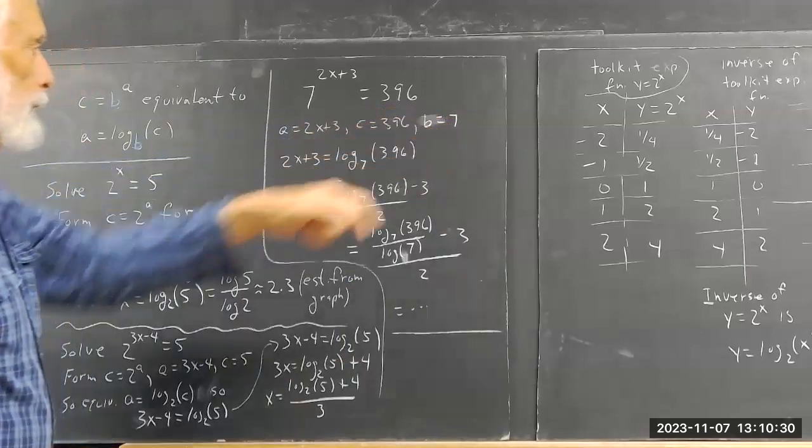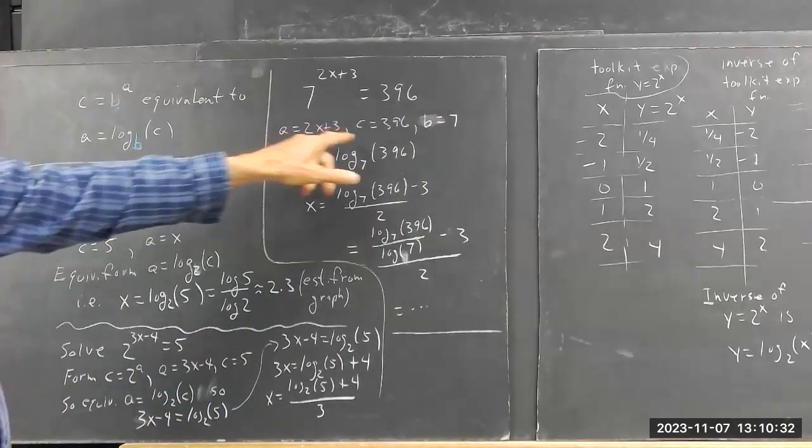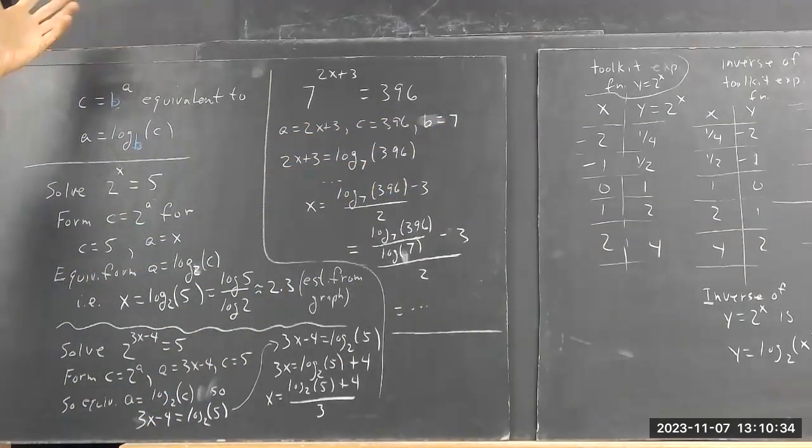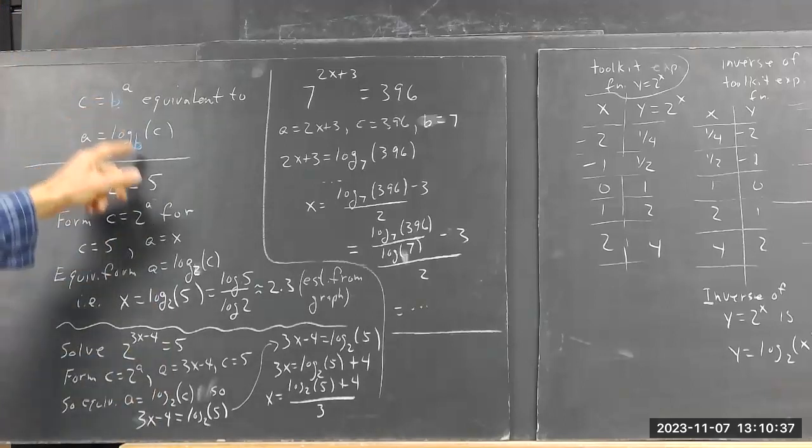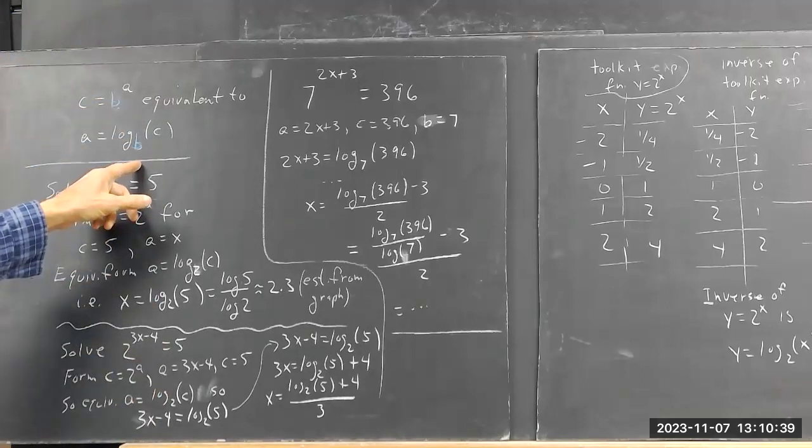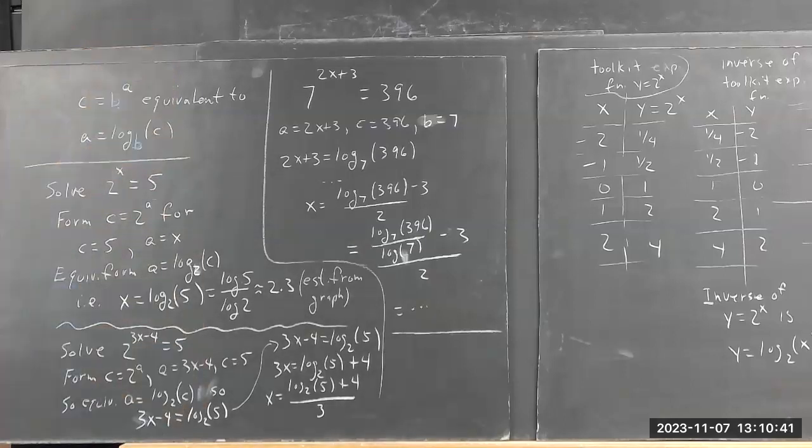So there are 3 things to identify in general: a, b, and c. b is your base, and then a and c go where they go. So you translate from one to the other.